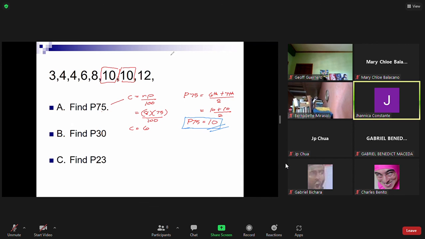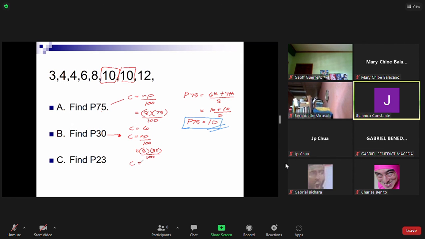So let's solve for the 30th percentile. Using the formula to locate the position of the 30th percentile, C equals NP divided by 100, which is 8 times 30 divided by 100.